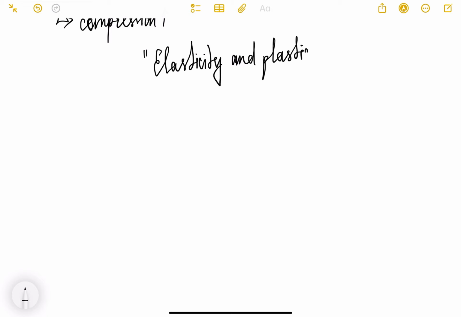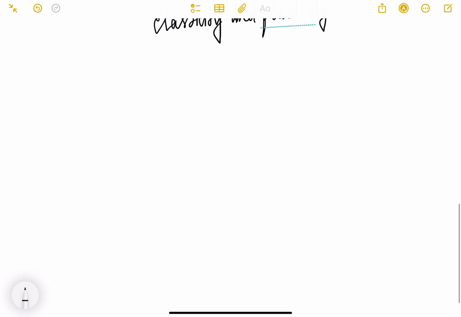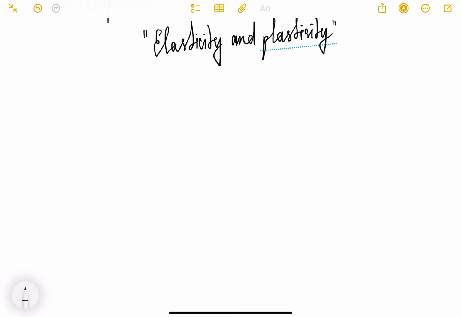Let's move to another topic. Elasticity and plasticity. Oh, I love this topic. So, some materials can extend significantly but still return to their original shape, and a material's ability to do this is called elasticity.